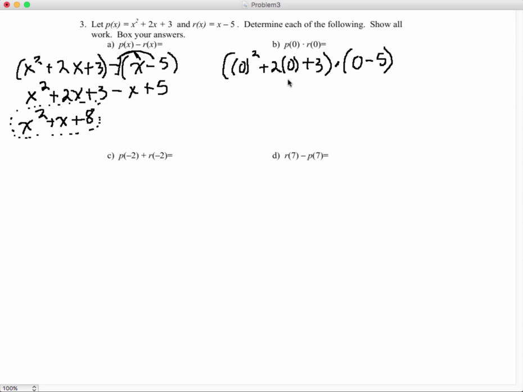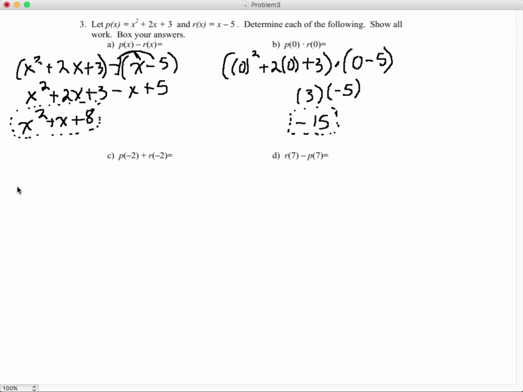So there's my p and there's my r. Okay, so simplifying here, we see that this reduces in terms of p, that's just going to be a 3, and r is going to reduce to negative 5, and the product of those two is going to give me back a negative 15. Okay, let's go ahead and box that also because we were asked to box our answers.